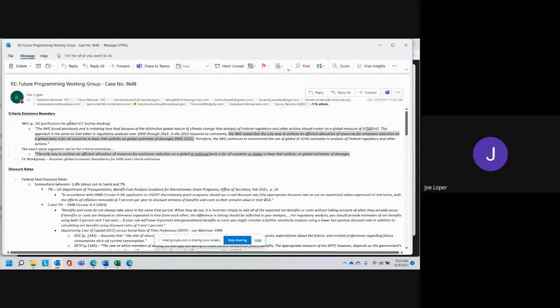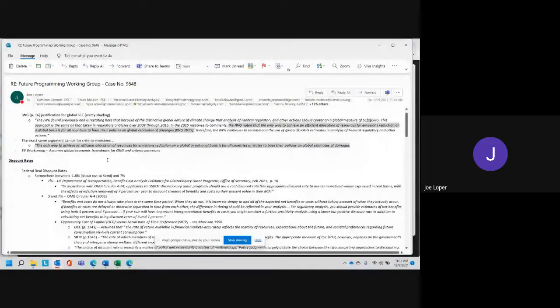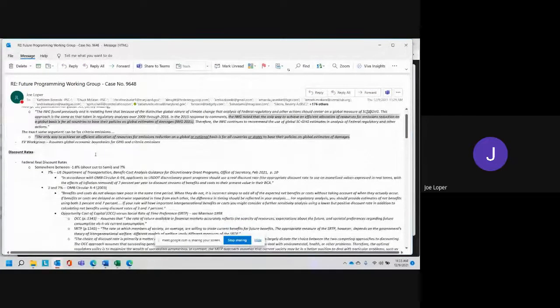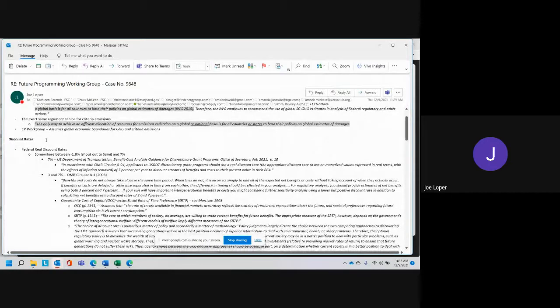And I know I'm trying to directly address the arguments that criteria emissions are local and we therefore should treat them differently than GHG. Well, that's all I'll say there. By the way, I also noted here the EV work group. Last night I checked the final document, and they did assume global economic boundaries for GHG and criteria emissions.